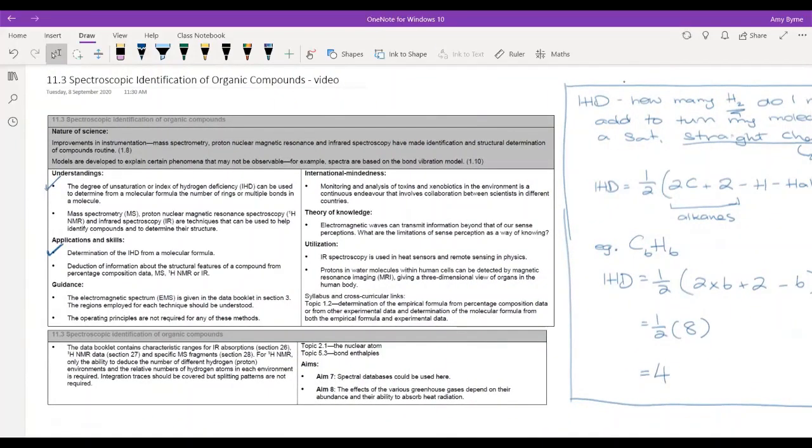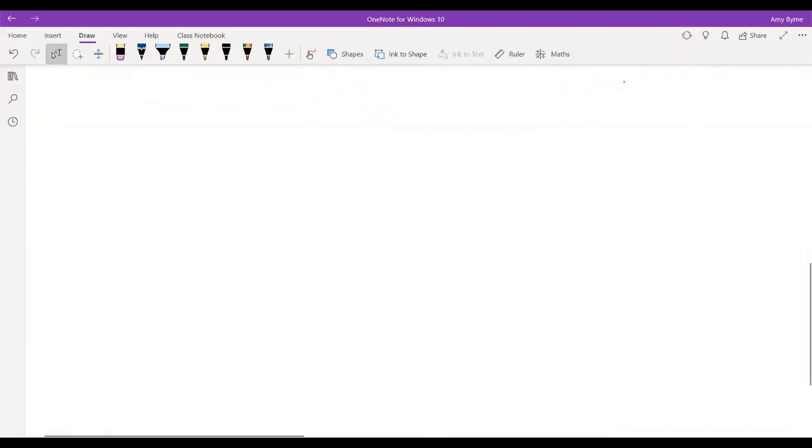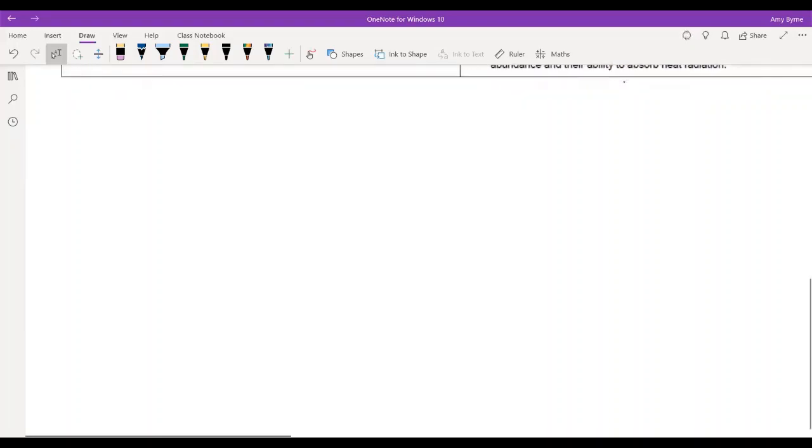Okay, let's start by talking about mass spec. Now, mass spec is something that you were introduced to in atomic theory when we were looking at isotopic masses. But mass spec of compounds basically comes down to the idea that if I have a molecule, let's look at ethanol.